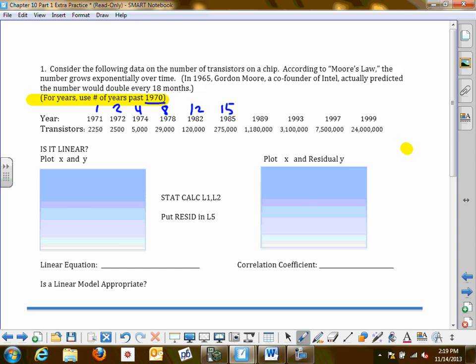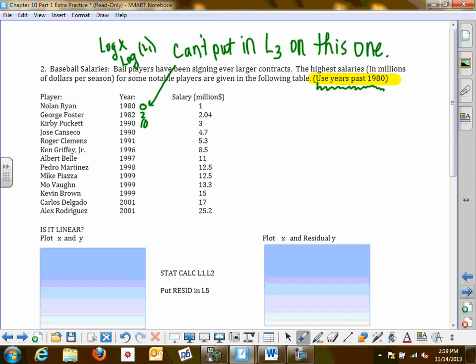Okay? I also did that here on number 2. I said, use the years past 1980. Well, a problem still happens because 1980 is how much past 1980? It's 0. Okay. The problem occurs when you go to make your L3.